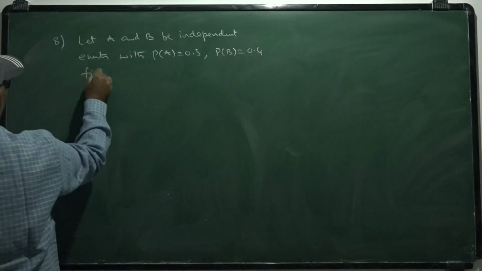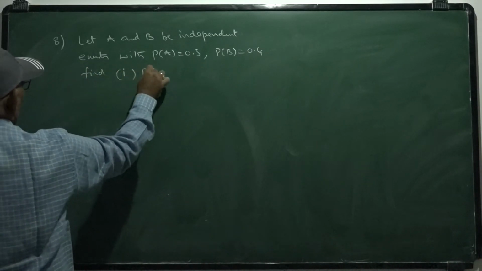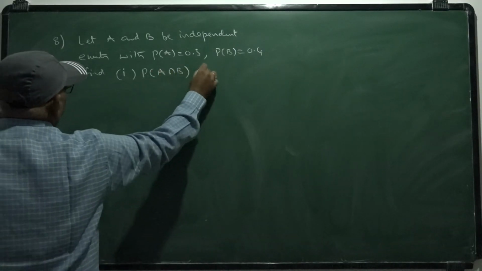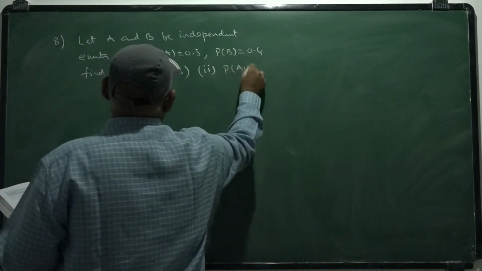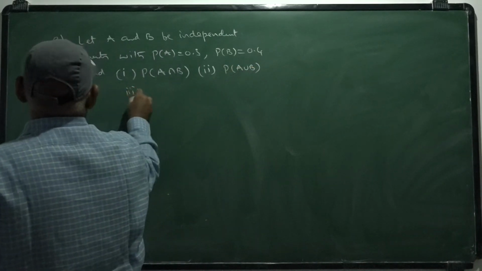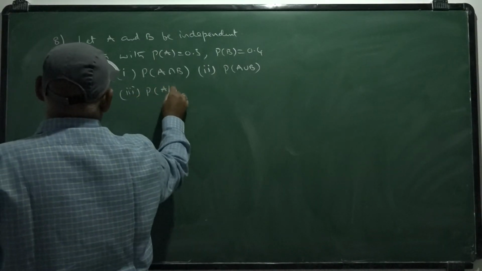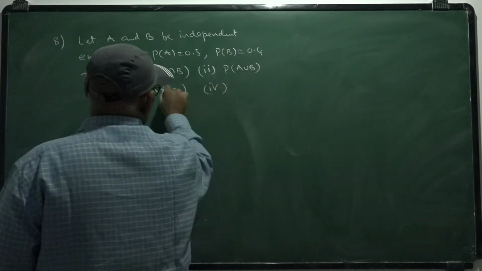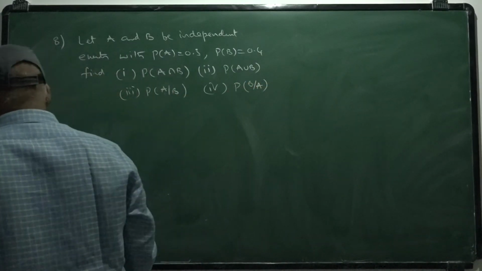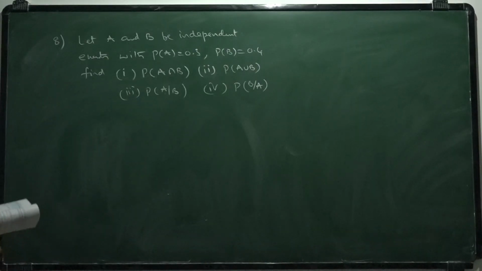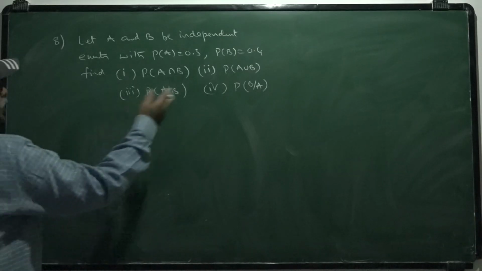Find first, probability of A intersection B. Second, probability of A union B. Third, conditional probability of A given B. Similarly, conditional probability of B given A. In the case of independent events, once the probabilities of A and B are given as 0.3 and 0.4, you have to find these probabilities.